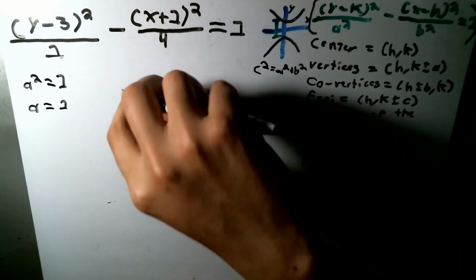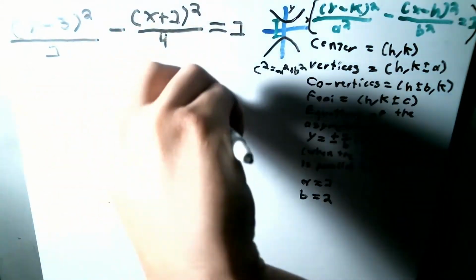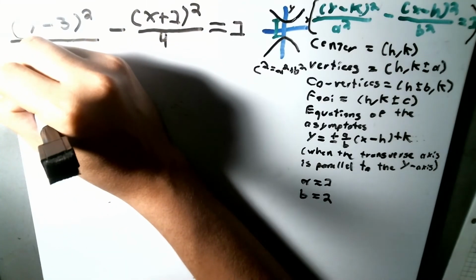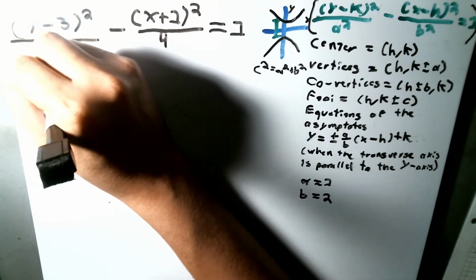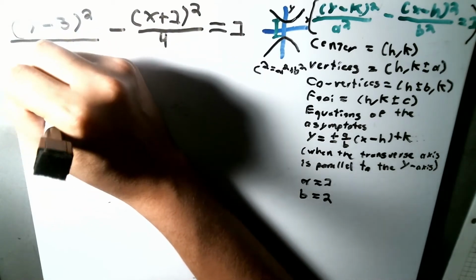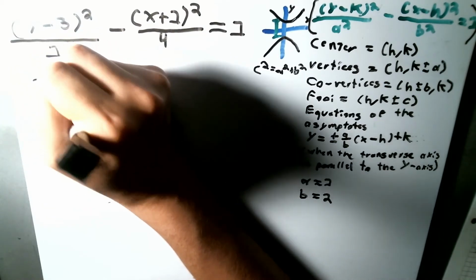Now, erase unnecessary stuff. Oh, minus 3. Okay. Minus k equals minus 3, so k equals 3.